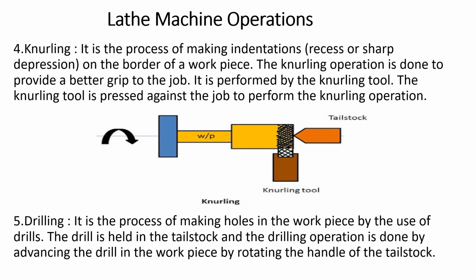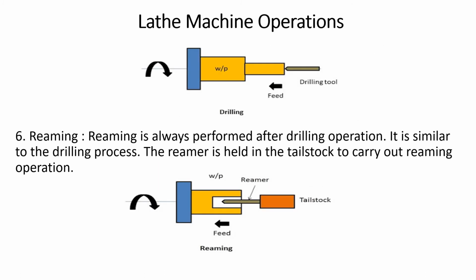Next, drilling. Drilling is the making of holes by using a drilling tool. This is the drilling operation. Feed is given and the tool moves to the left side while the workpiece is rotating. The drilling tool is fixed at the tailstock.